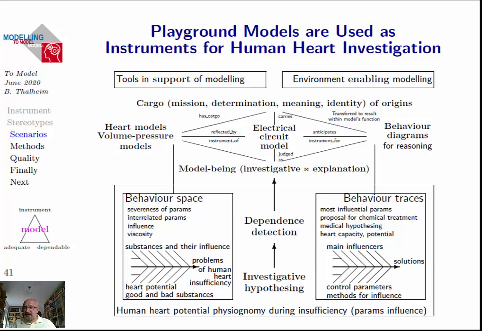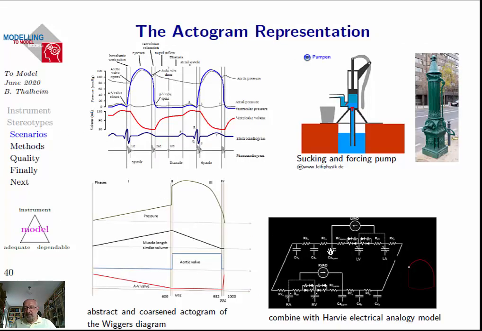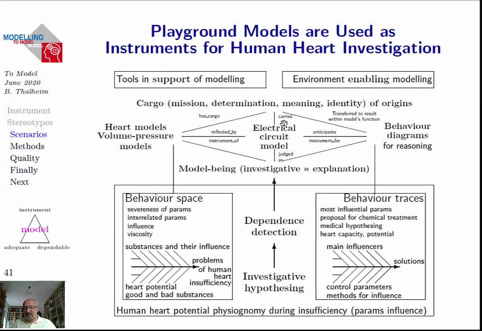Then in this case we use in Harvey the electrical circuit model. And there you find this four valves system can be explained by an electrical circuit, and we have the model of this electrical circuit instrument based on our thoughts that we would like to investigate and explain what is causing some kind of insufficiency.